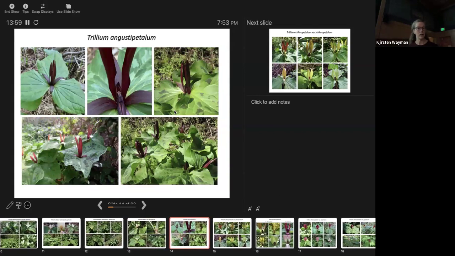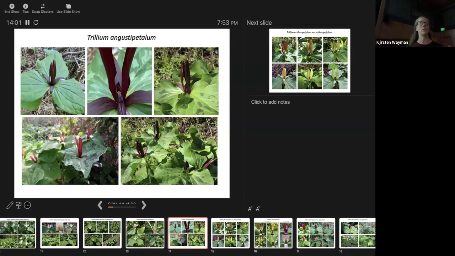Trillium angustipetalum is another maroon petaled plant. And the maroon color of Trillium angustipetalum seems to be a bit darker than Kerbiaceae. It also has the maroon stamens and maroon ovary here. And like I said, that dark color seems to be a bit darker than what we see for Kerbiaceae.